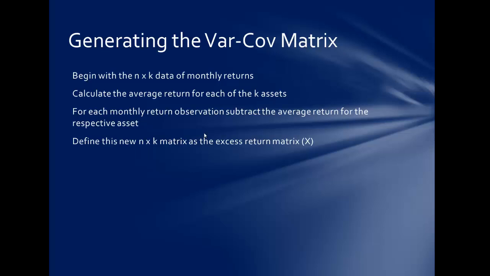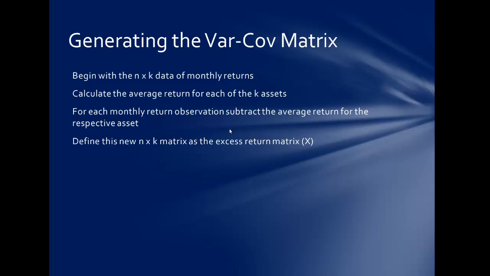So if you want to generate a variance-covariance matrix, this is all you have to do. Begin with a data set that's an n by k data set of monthly returns. So you have n monthly returns and k assets. Calculate the average return for each of the assets, and then for each month in your data set, subtract the average return for each of the respective assets.